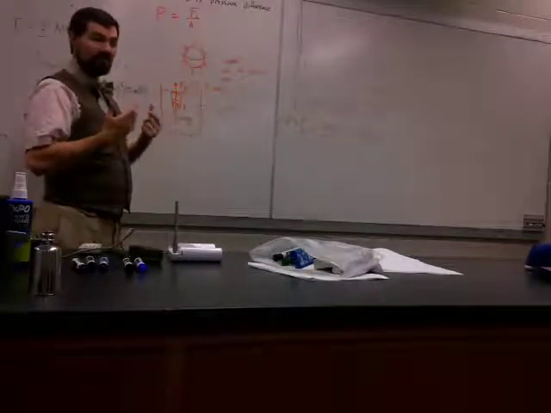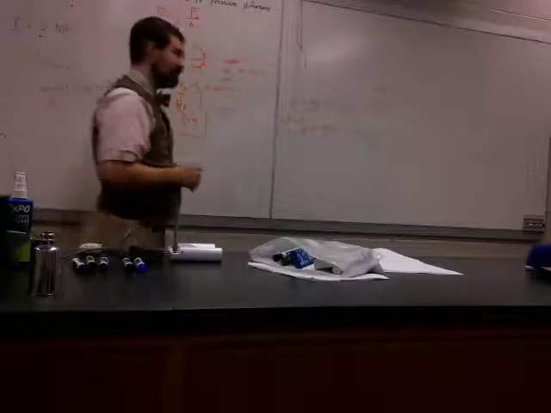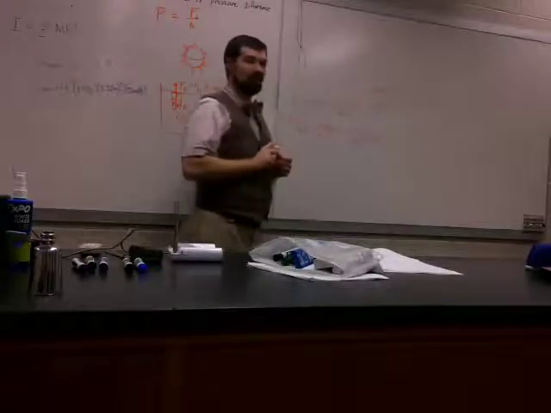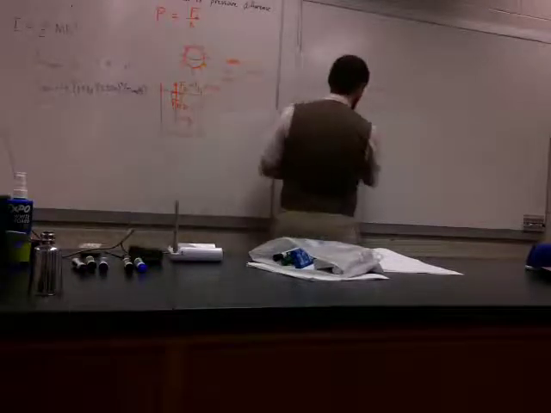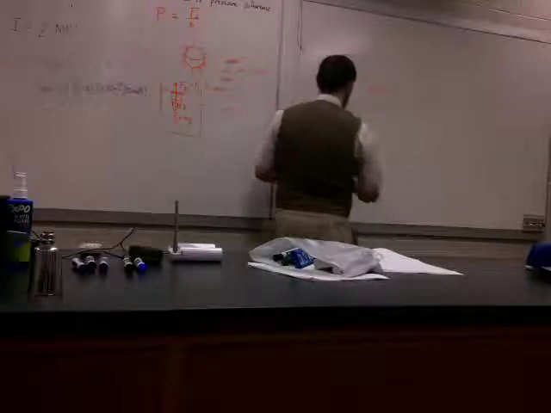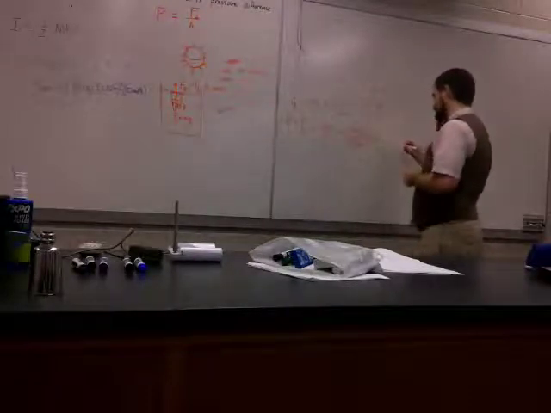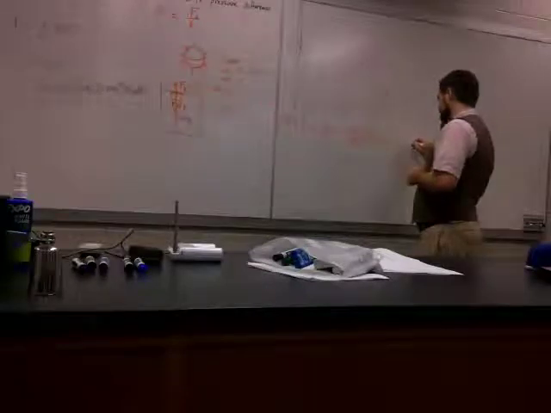Bottom of the cylinder looks like a circle. Area of a circle is r squared pi. So now we can cancel an r squared pi from top and bottom, and what we get is that the pressure at the bottom of it is rho times g times h.